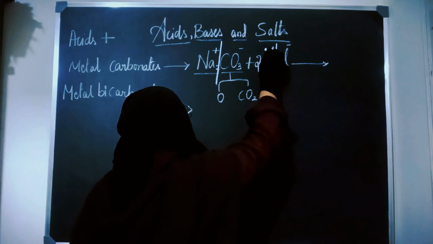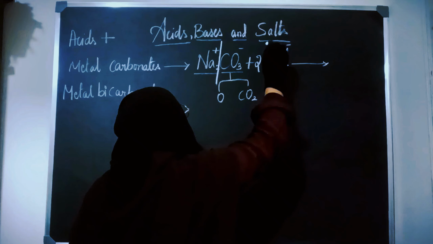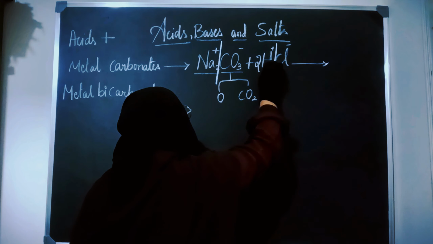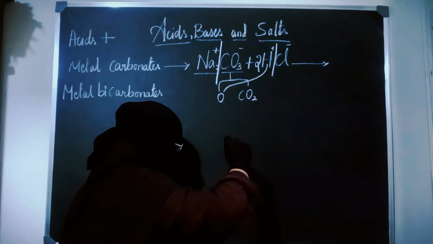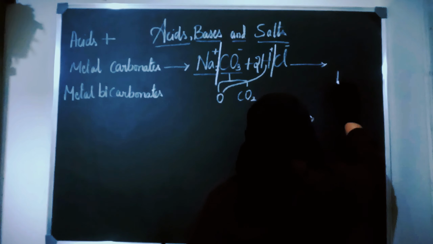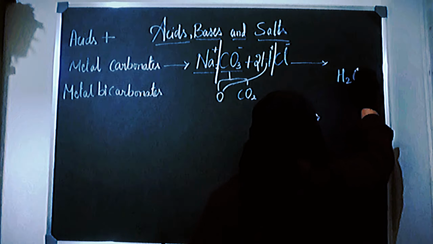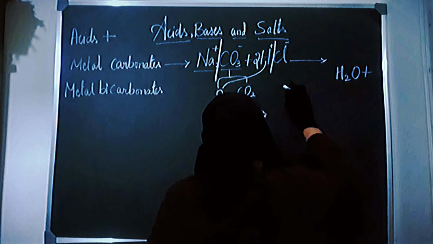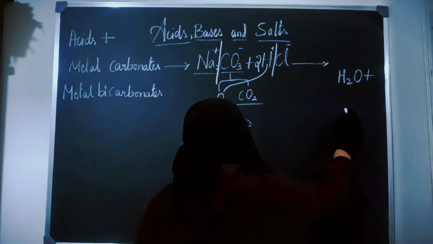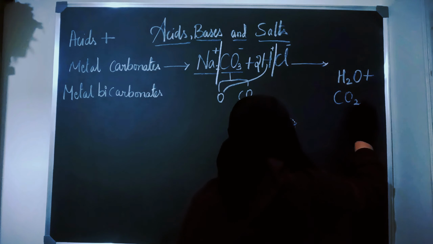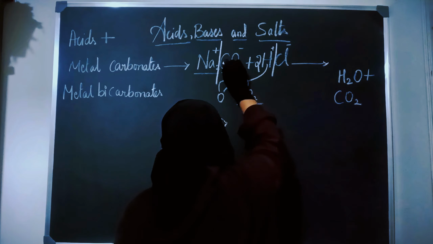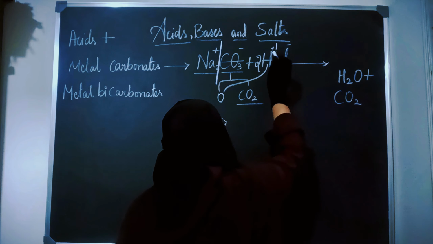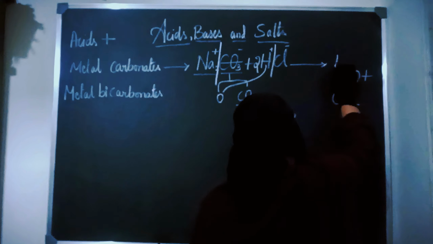The H combines with O, leading to the formation of H2O, plus the carbon dioxide will be liberated out, and the remaining NaCl will be the salt that is formed.